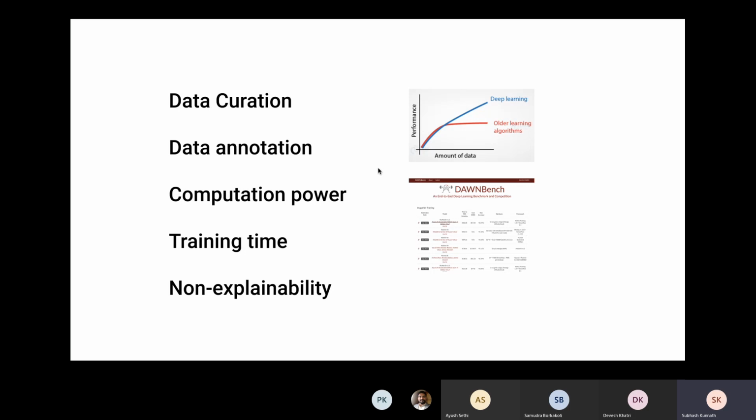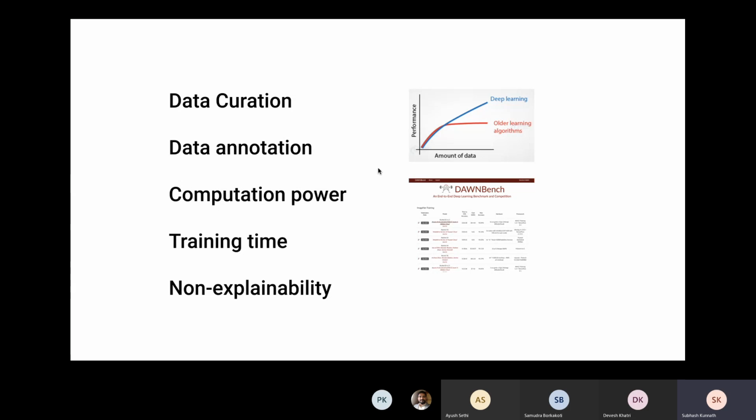Someone has to draw the outline of these objects and mark it as a car, a person, and so on. And then the amount of computational power the deep learning system requires to get trained, and the training time. If you don't have enough computation power and you have a large amount of data, your training time will increase.